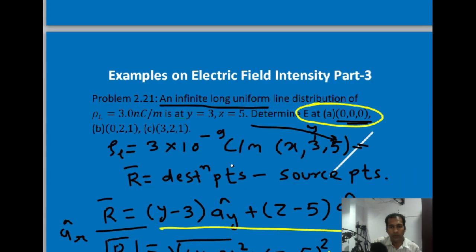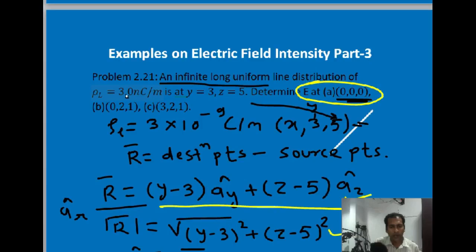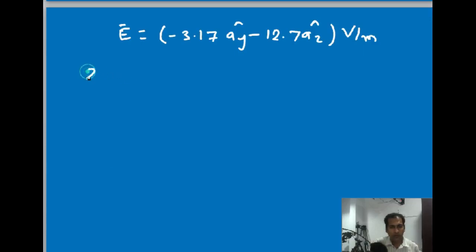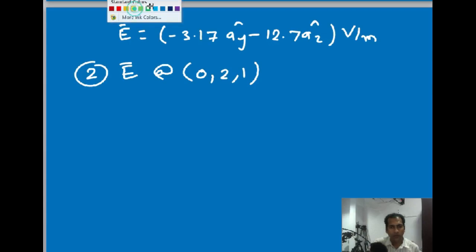Second point, we have to calculate electric field intensity at 0, 2, 1. So let us calculate for second. E bar at which coordinate? 0, 2, 1. So let us calculate for this.